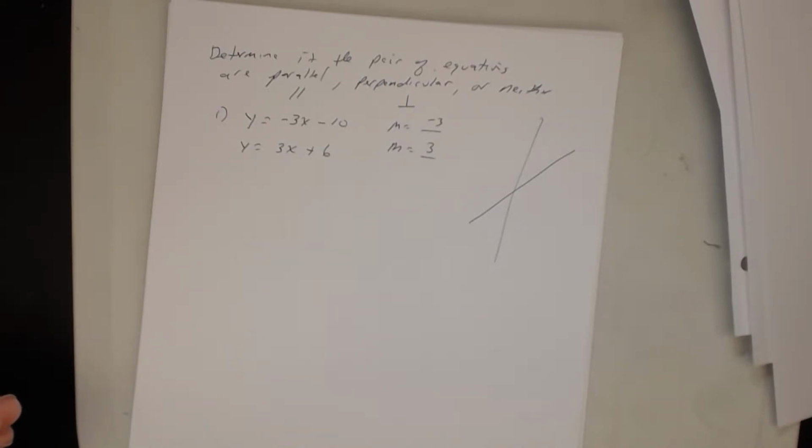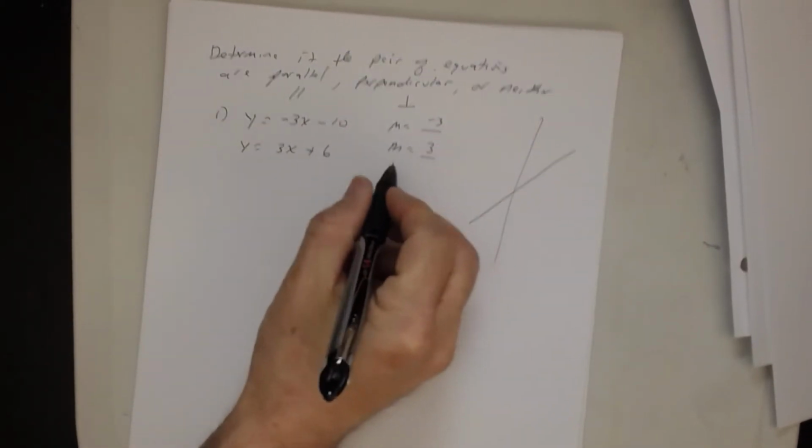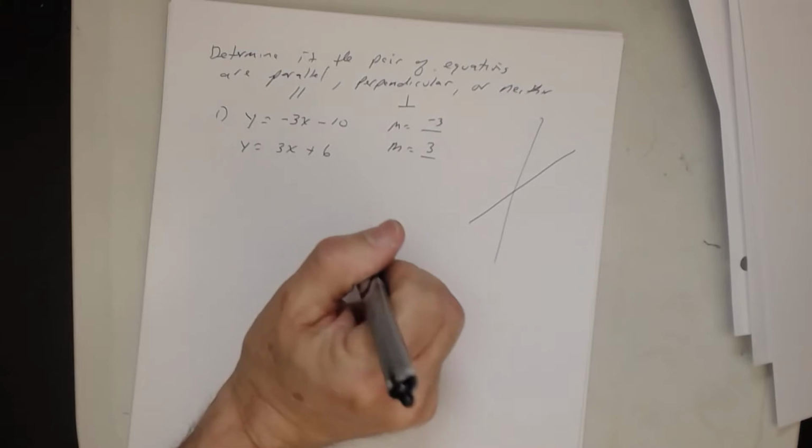One's negative 3, one's positive 3. Not because they're not negative reciprocals, that has to do with perpendicular. All I asked was how do you know that the lines intersect? Because the slopes are not the same. So these lines are going to intersect because the slopes are not the same.